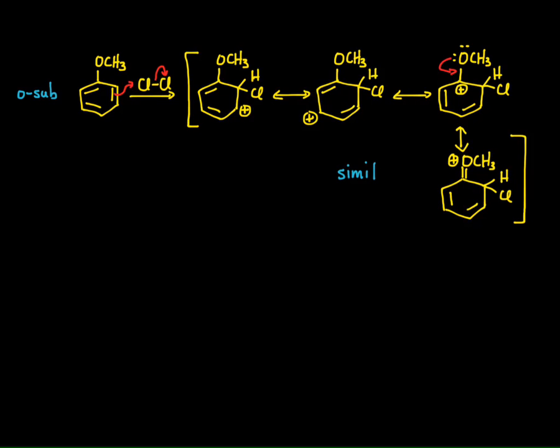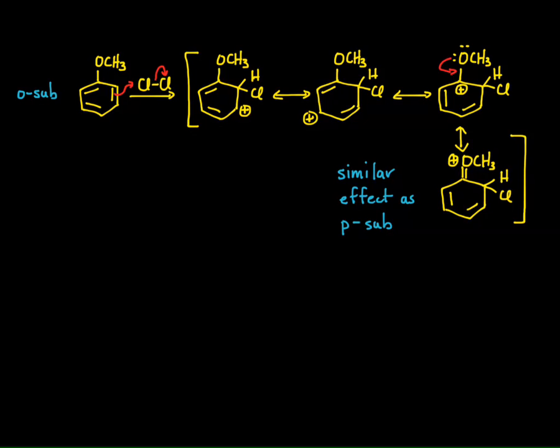And so you see that when we get ortho substitution, there are similarities between it and para substitution, in which the positive charge always goes onto the carbon that has the substituent on it. That substituent, if it has a lone pair of electrons, can donate those lone pair of electrons in through resonance, creating that fourth resonance structure.